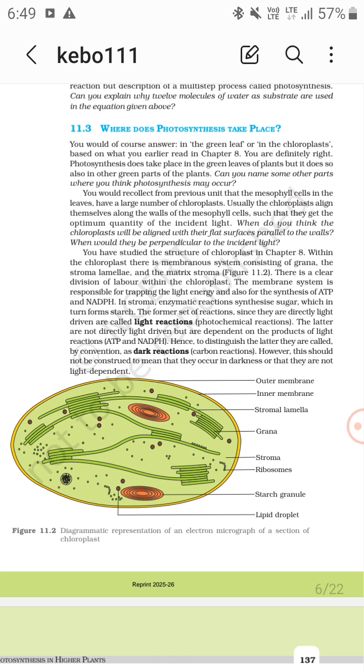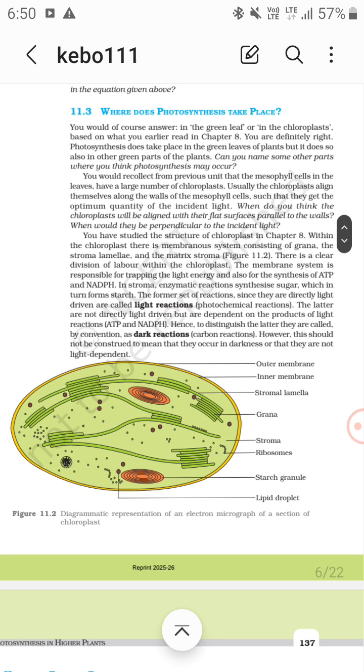Mesophyll cells have a large number of chloroplasts. Chloroplasts usually align themselves along the walls of the mesophyll cells such that they get the optimum quantity of the incident light. Now the membranous system consists of grana, the stroma lamellae and the matrix stroma.